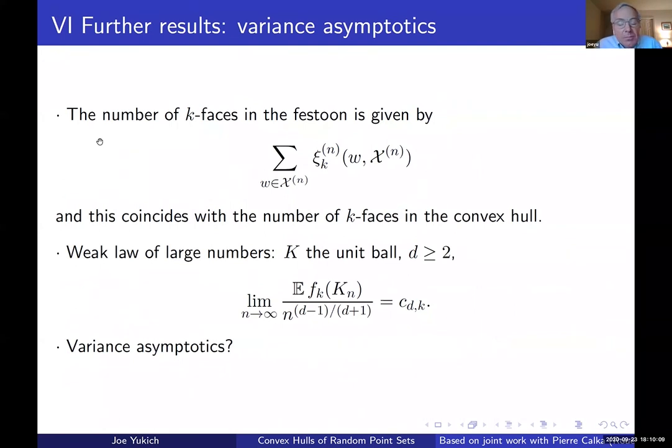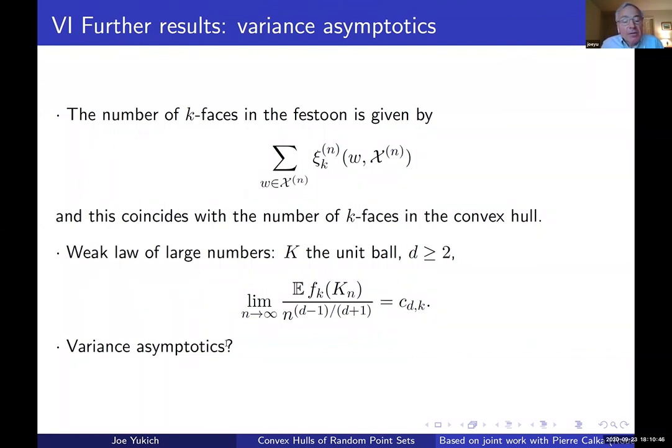For example, one knows that a sum of stabilizing scores exhibits a law of large numbers. And we obtain, for example, this first weak law, namely the expectation of the k-face functional scaled by n to the (d-1)/(d+1) converges to some limit constant. This scaling here is just the expected number of non-zero scores, by the way.